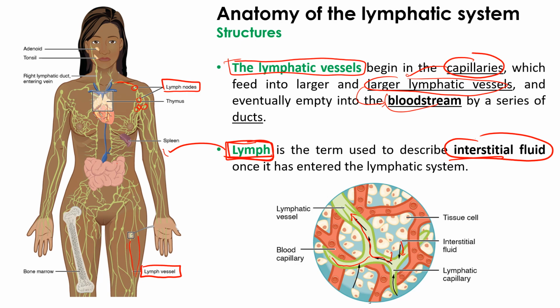So the lymphatic vessels are a network of vessels that transport lymph from the tissues. All of these lymphatic vessels eventually will connect to lymph nodes, which are like checkpoints. What does that mean?